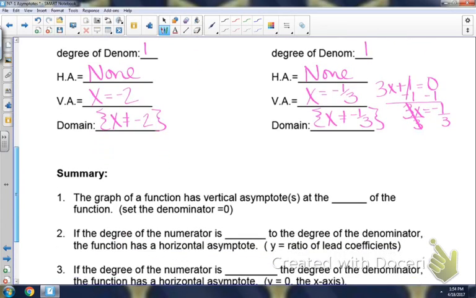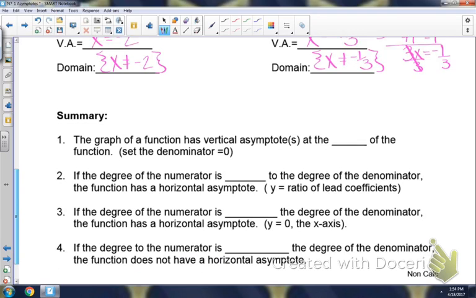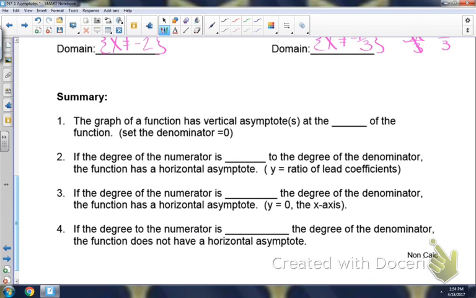All right, this is just a summary. The graph of a function has vertical asymptotes at the zeros of the function, which means your denominator is 0. If the degree of the numerator is equal to the degree of the denominator, your horizontal is y equals the ratio of the leading coefficients.